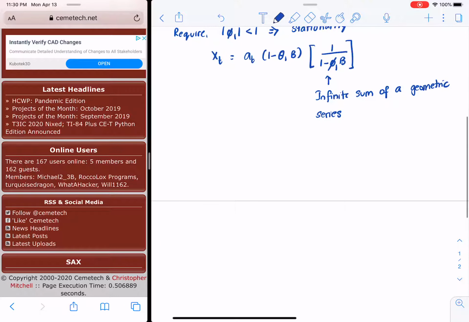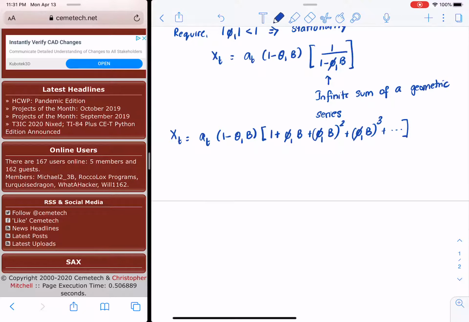So I can rewrite the expression as x_t equals a_t times (1 minus theta_1 B) times (1 plus phi_1 B plus phi_1^2 B^2 plus phi_1^3 B^3, and so on).